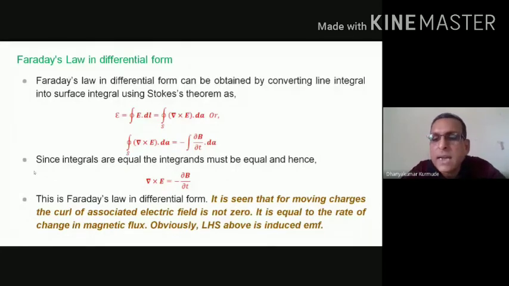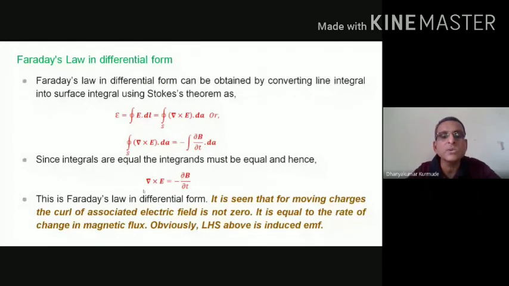It is seen that for moving charges, the curl associated with the electric field is not zero. It is equal to the rate of change of magnetic flux. Obviously, the left hand side of this equation indicates the induced EMF, and this is the change of magnetic flux.